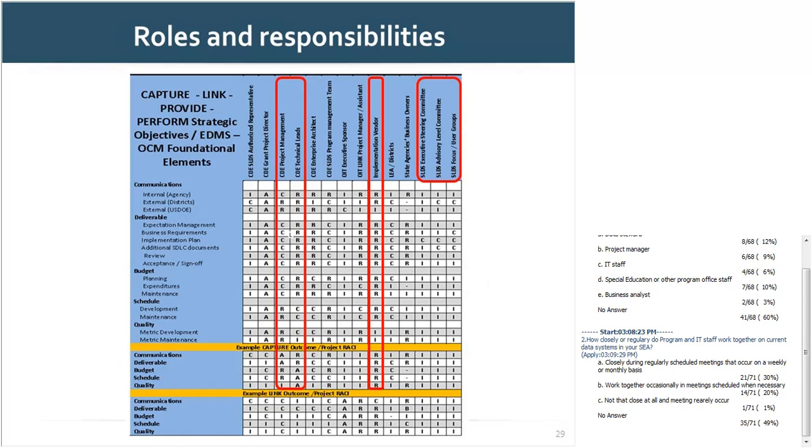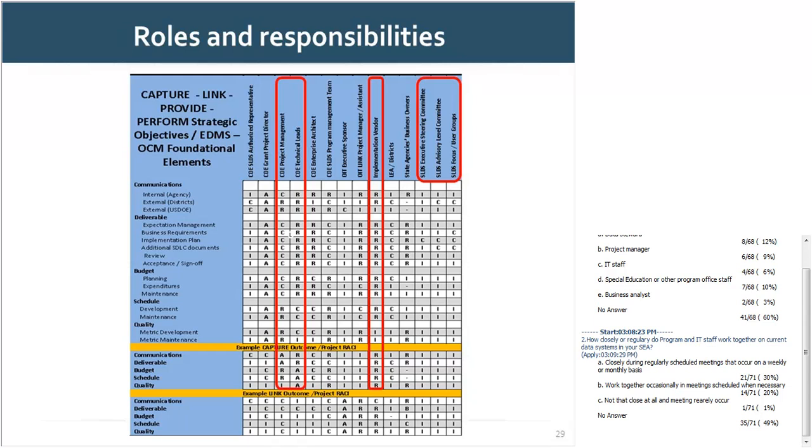And another thing that the folks at the beginning of our SLDS program did was they came up with a prescribed RACI for us, and most of you know RACI means: R is the role that is responsible, A is accountable, I is informed, and C is consulted.